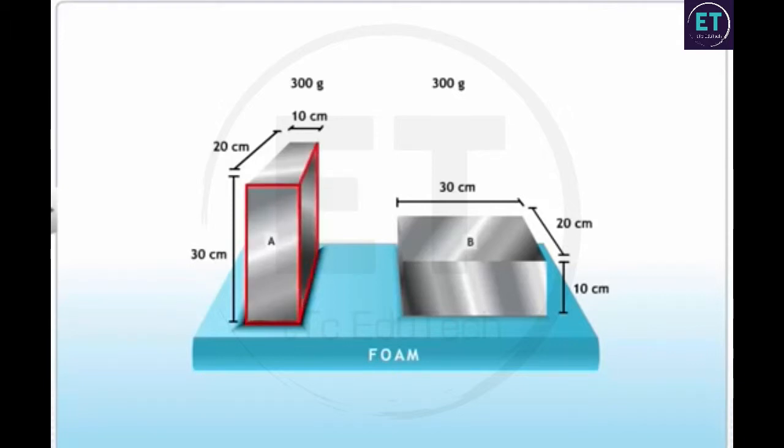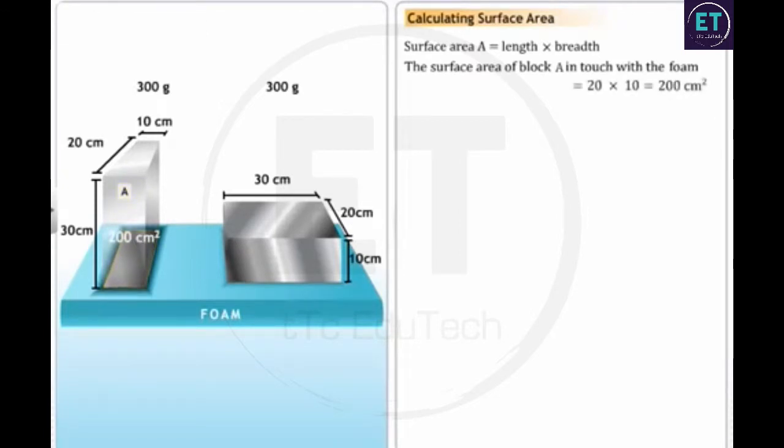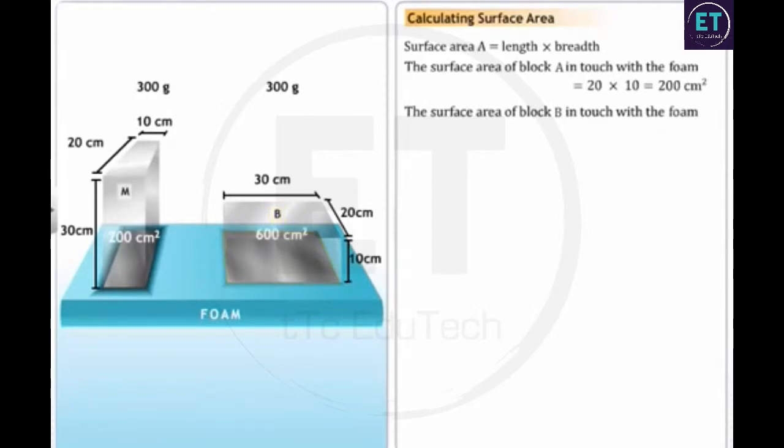Block A was placed vertically over the sheet of foam, while block B was placed horizontally. The surface area of block A in touch with the foam is 200 square centimeters. On the other hand, the surface area of block B in touch with the foam is 600 square centimeters.